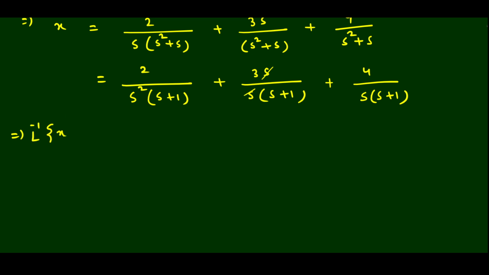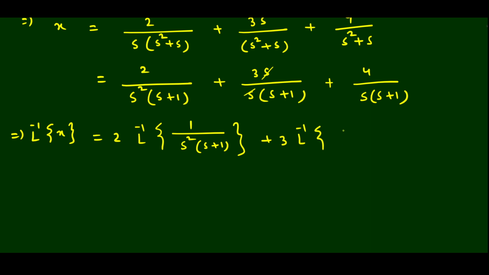L inverse of X equals 2 times inverse Laplace of 1 divided by s square into s plus 1, plus 3 times inverse Laplace of 1 divided by s plus 1, plus 4 times inverse Laplace of 1 divided by s into s plus 1. Now we have to simplify them. Okay. So the left hand side, L inverse of capital X, is small x.